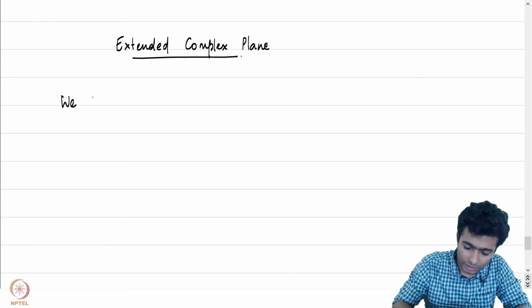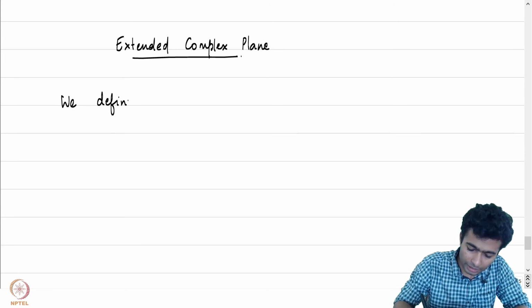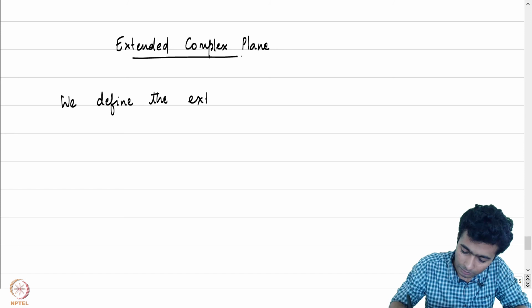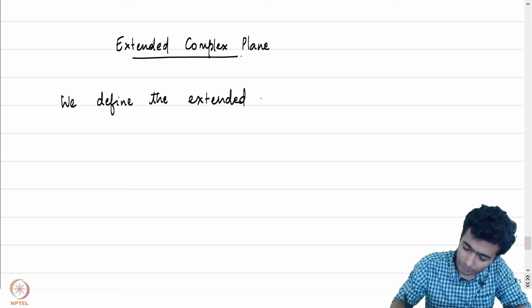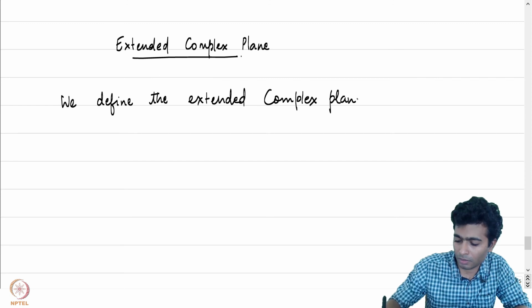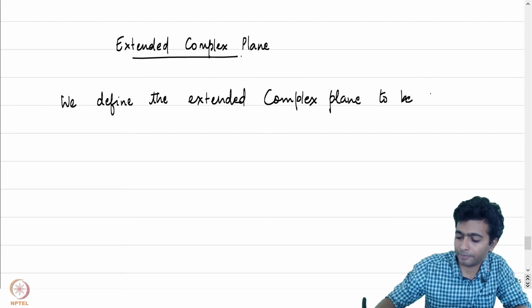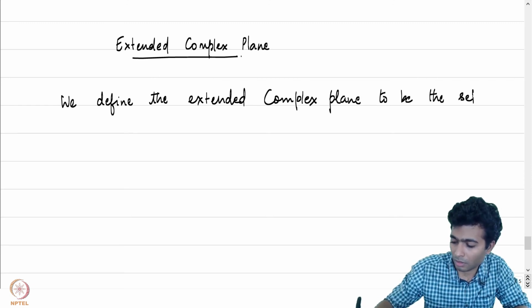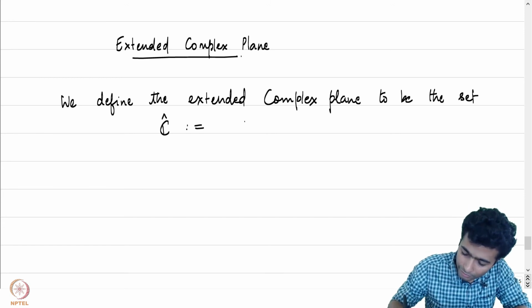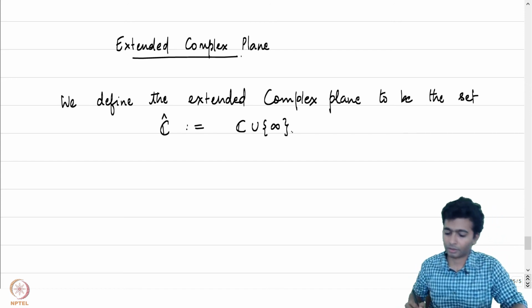We define the extended complex plane and denote it by C hat, to be the set C hat, which is given by C union the point at infinity.